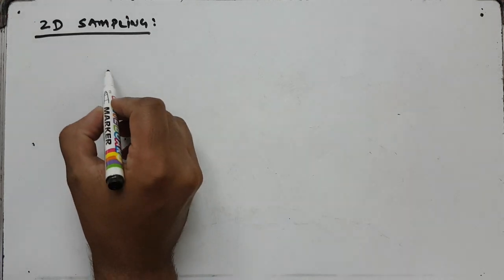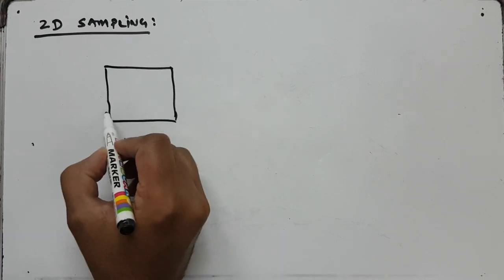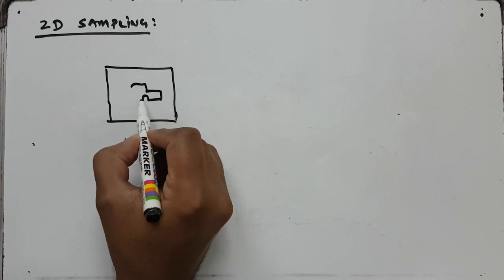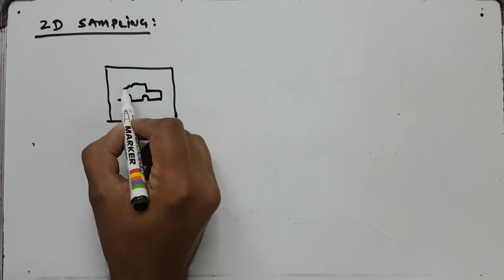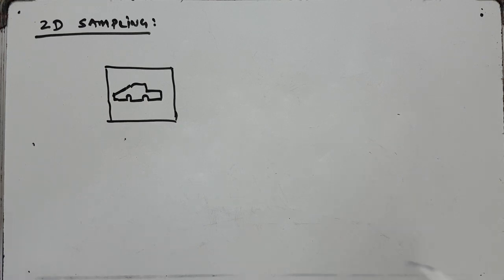So let's say we have an image, and let's say I'll try to draw an image. So the image is something like this. I think I did the same in the class where I draw a Mercedes Benz, let's say a cheap one, and we sample this image.